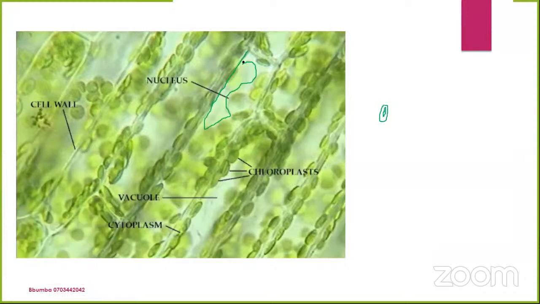If I use this marker to draw, I'm assuming this is the vacuole of the cell, and then this is the nucleus, and this is the cell membrane there, and then the cell wall.